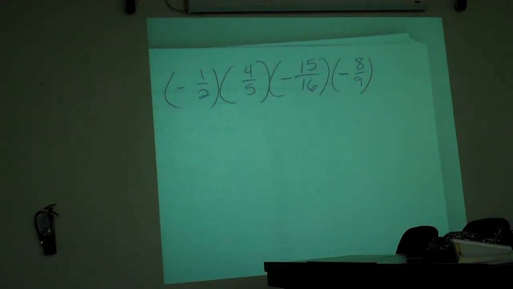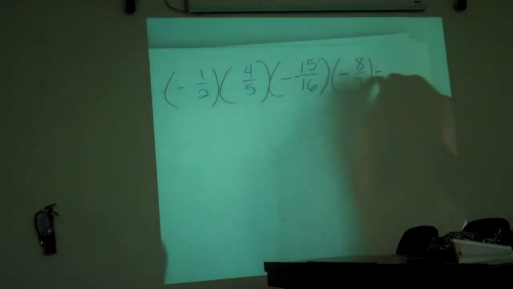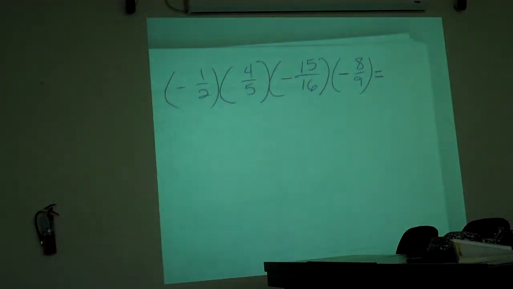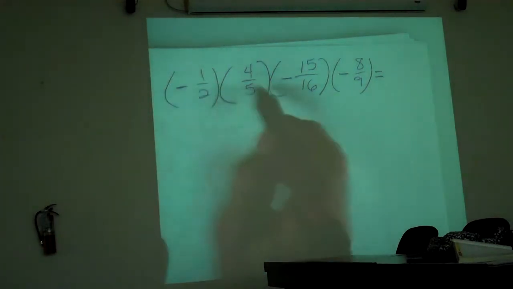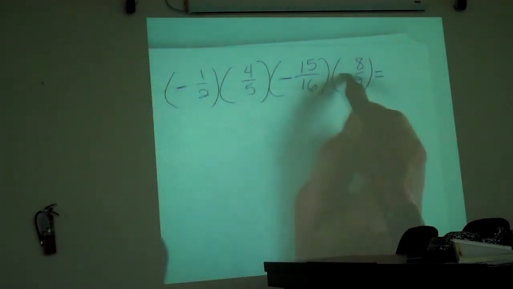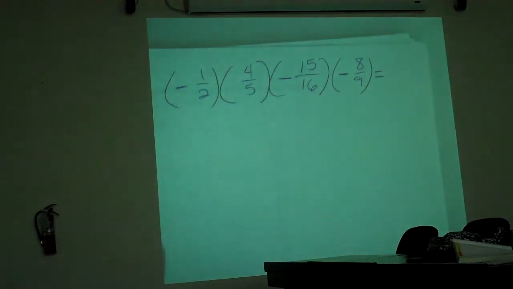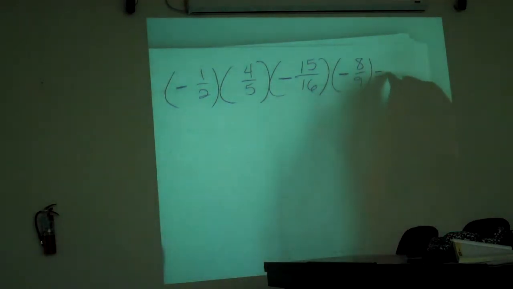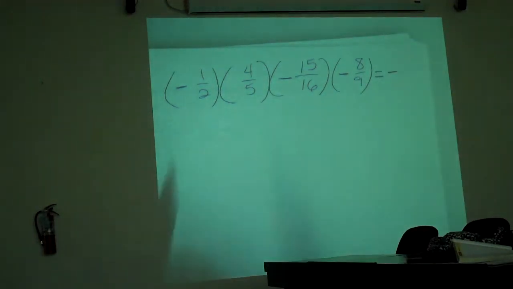I doubt it. Okay. First of all, let's get our sign. Now, we're going to have a positive or negative answer. 1, 2, 3. There's an odd amount of negatives, so it's negative. Okay, count 1, 2, 3. It's negative.